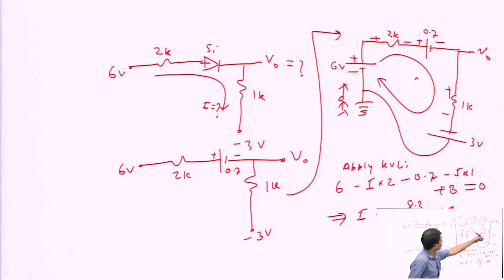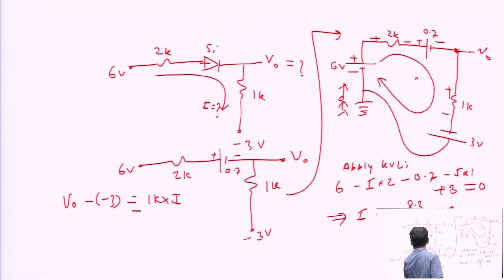V naught is nothing but the potential difference between these 2 points here and here, this is equal to IR. So, V naught will be calculated like this: V naught minus of minus 3 is equal to 1 kilo ohm into I, which means 8.3 upon 3.